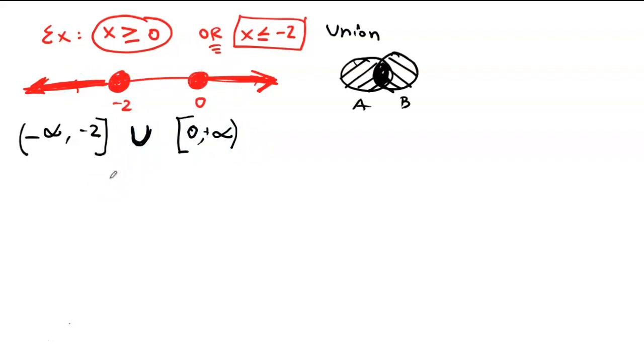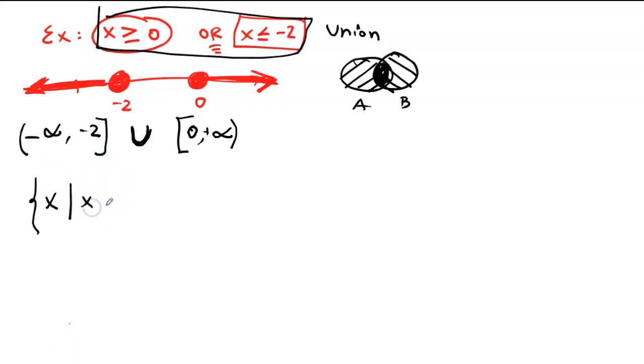Now, if I'm going to do set builder notation, same thing. X, the set of all x such that, you bring your inequality when the x's are by themselves. You bring all of that: x greater than 0 or x less than or equal to -2, and you close.